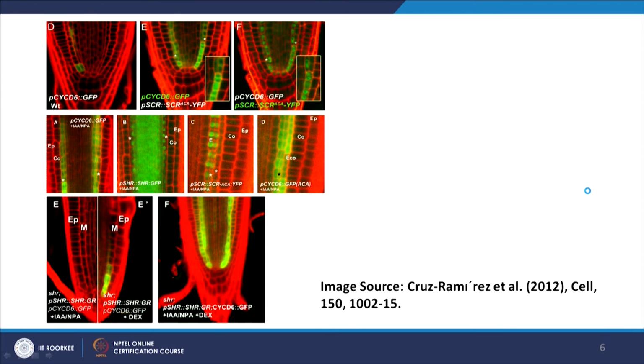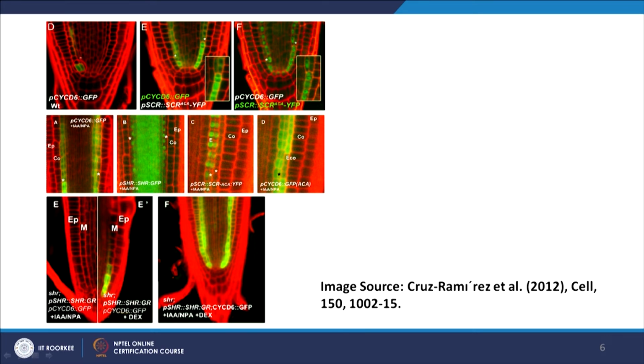Another important thing you will look at here is a very interesting gene called cyclin D6. If you look at its promoter fusion construct, this gene is expressed very specifically in the daughter cells of CEI.